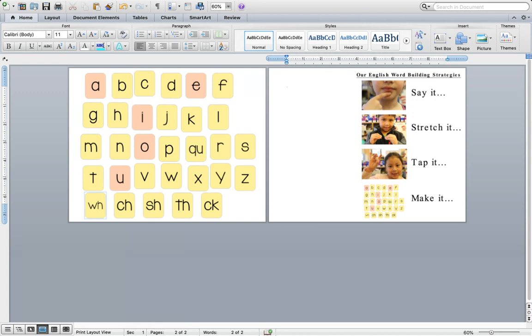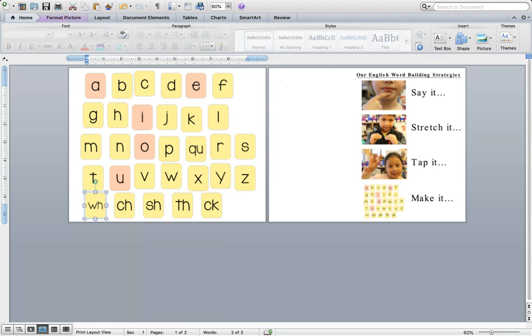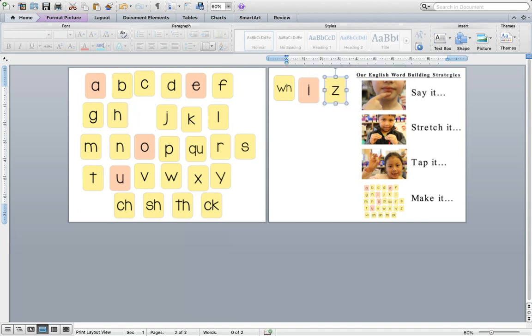WH, right? The two letters. So we need the wh digraph for this word, whiz. Let's tap it out again. W, i, z. Let's make it. W, i, z. Let's read it. W, i, z. Whiz. Good job. Let's put the tiles back.